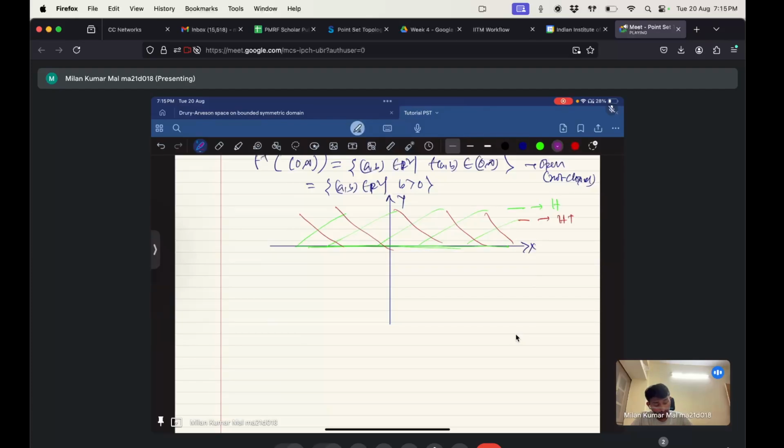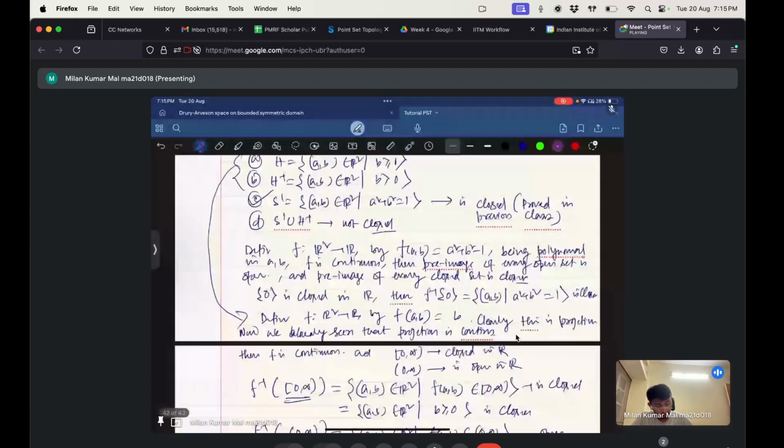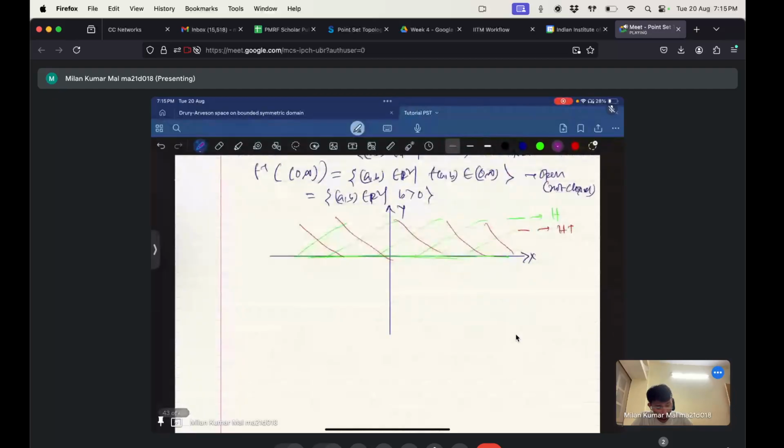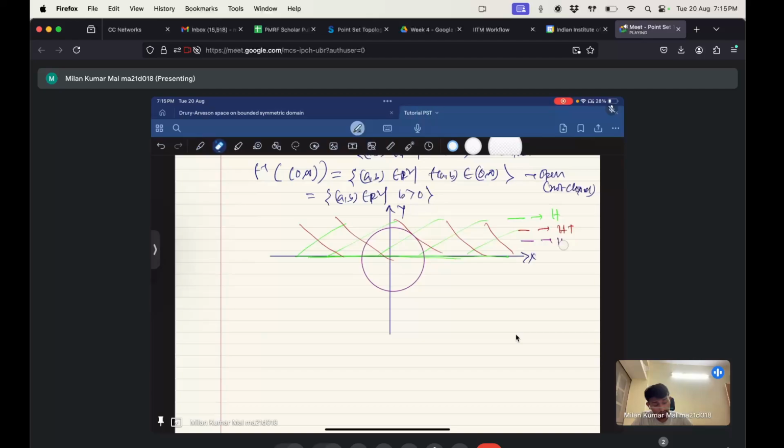Now the circle, we already proved that this is closed. This is S1, this is also closed. But S1 union H plus, that means this circle with this red region, is not closed.